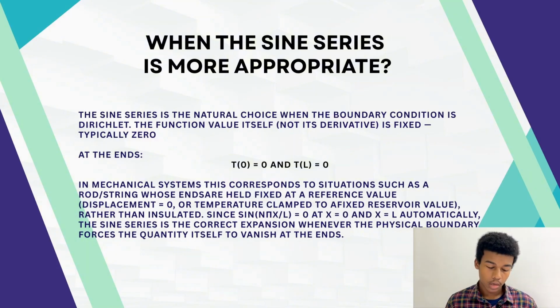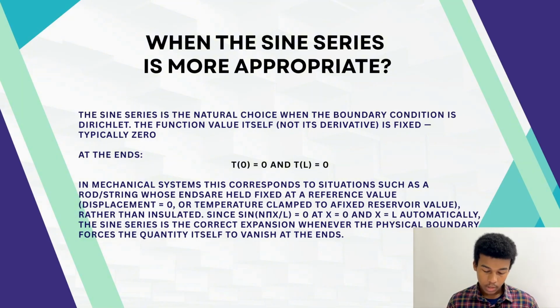Part E in question 1 asks us when the sine series is more appropriate. The sine series is the natural choice when the boundary condition is Dirichlet. The function value itself, not its derivative, is fixed, typically 0. At the ends, T(0) equals 0 and T(L) also equals 0.